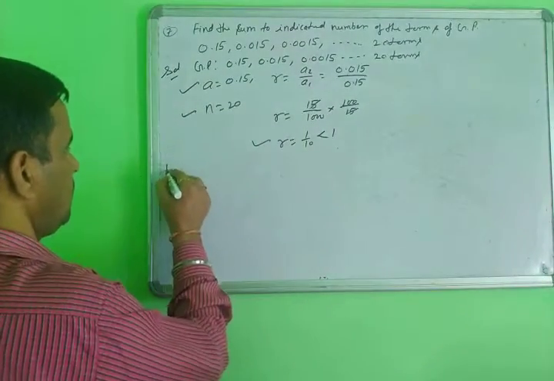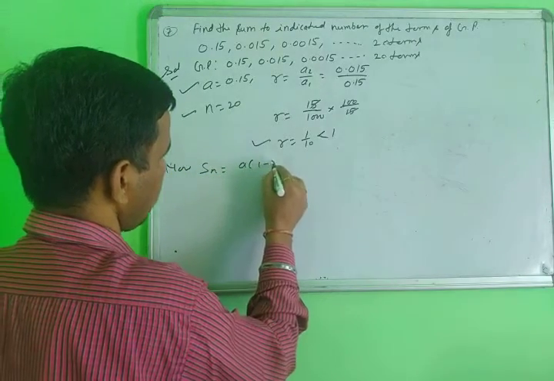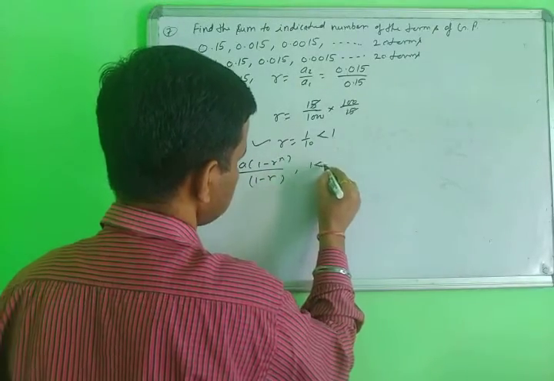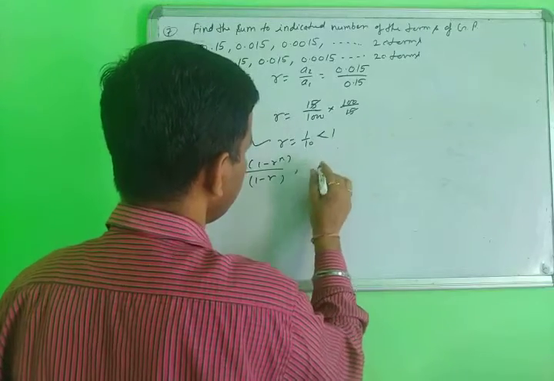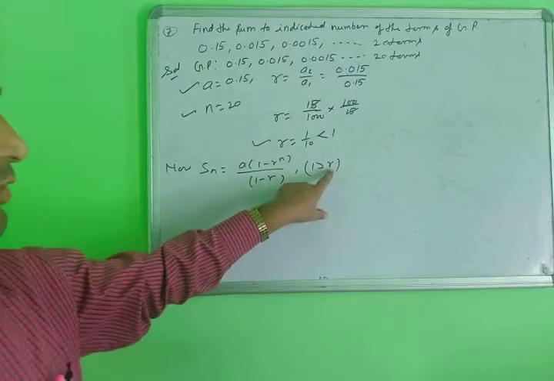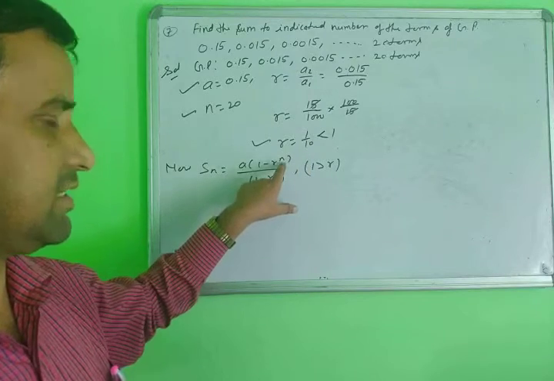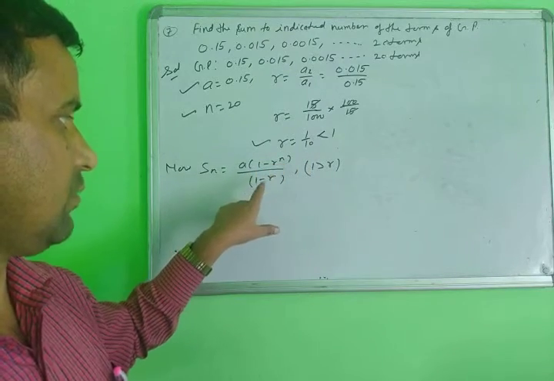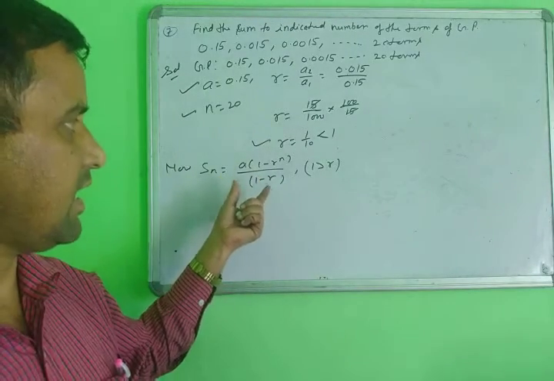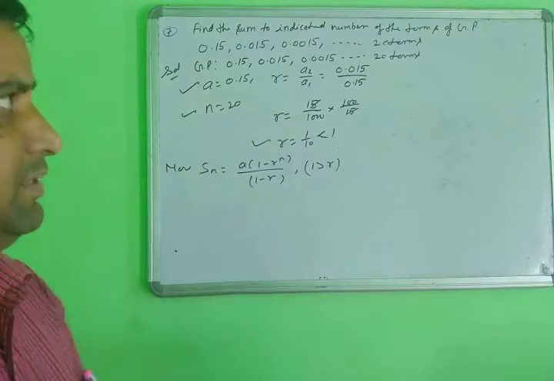So now Sn equals a into 1 minus r exponent n upon 1 minus r, because 1 is greater than r, the value of r is less than 1. This is the identity of the sum of n terms of the GP, not AP.